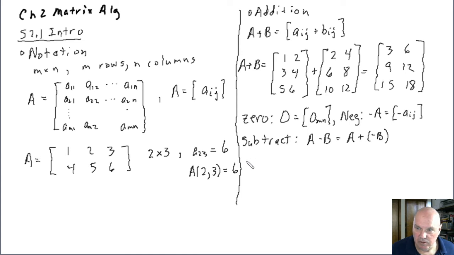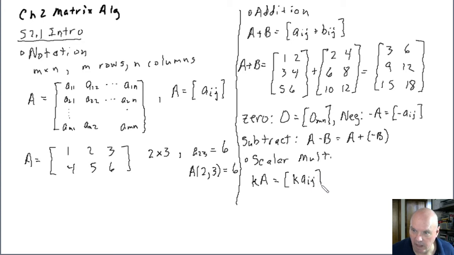Okay, let's move on to another fairly simple but important concept. That's scalar multiplication. If we have a scalar k times matrix A, that's equal to the result we get from multiplying every element of A by this constant k.